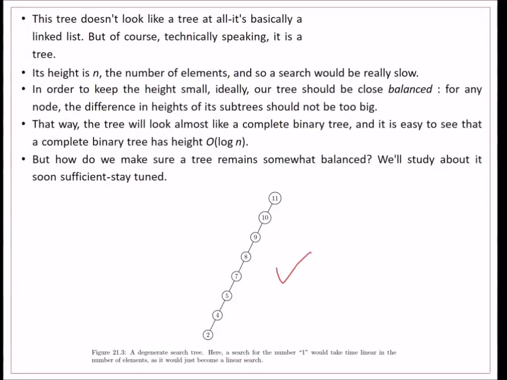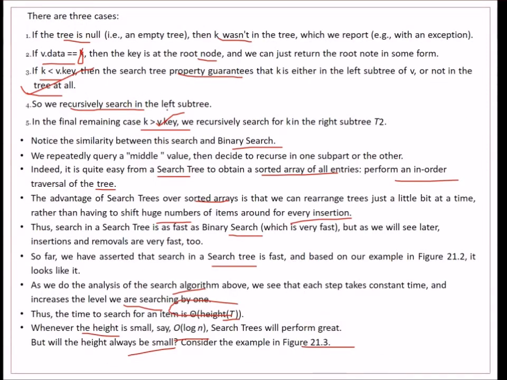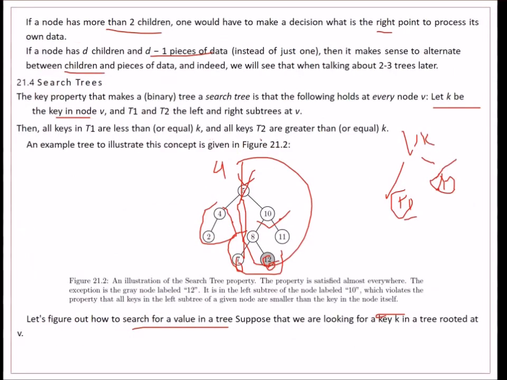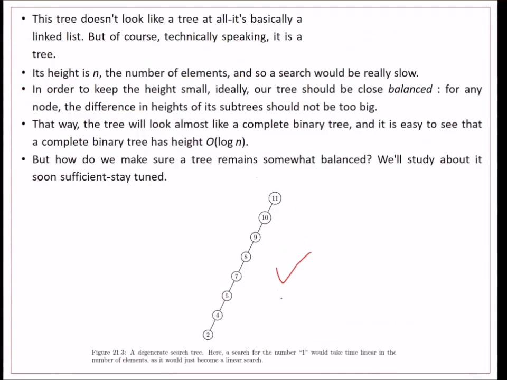Consider this example. These are some ideal examples, but what about this? This tree doesn't look like a tree, as it's basically a linked list, but it is a tree. So its height is n, the number of elements, and so a search would be really slow.